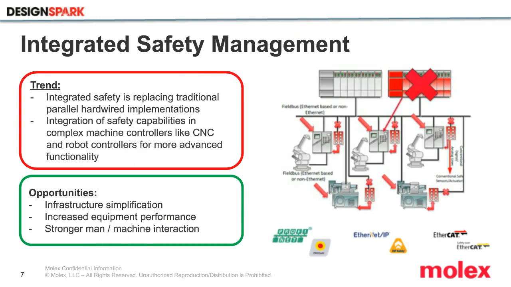The first trend is related to safety management, which will get integrated in devices. Today, there is a consolidation of the networks in the machine. The traditional parallel and often hardwired safety management in machines is getting integrated more and more together with the control infrastructure in the machine PLC, in one single infrastructure, allowing a more scalable control of the safety management.